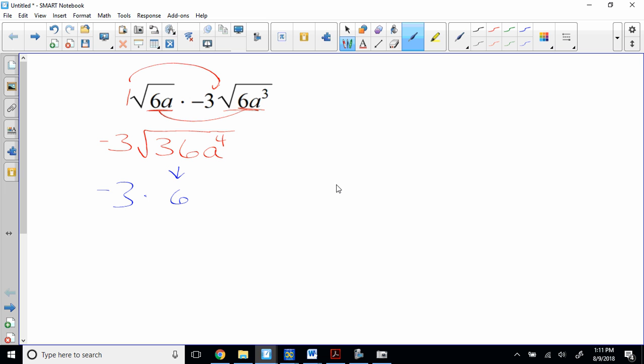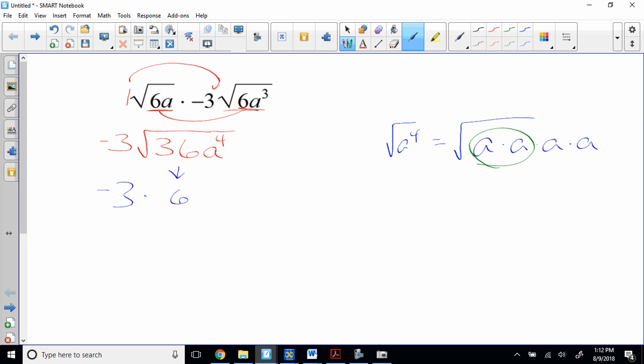Now, I can expand the a to the 4th. So if I have a to the 4th, I can really go a times a times a times a. Now, what is my root or index? It's 2. So that means I have to have 2 of the same things to make a grouping, right? Here's 2 of the same things.